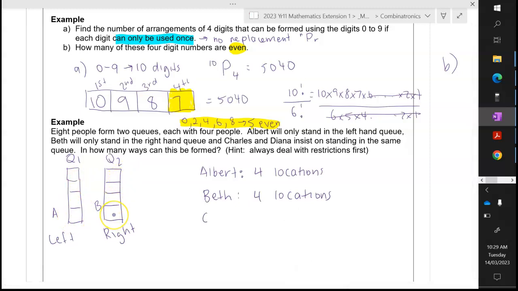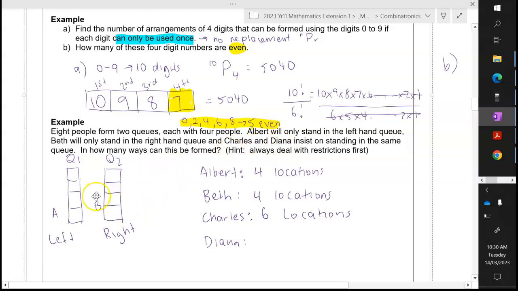So Charles isn't fussed on which queue he stands in, but if he stands here, he's got 3 choices. If he stands here, there's 3. So there's 6 locations that Charles can stand. So his one's okay. Diana's the one we really have to think about. So Diana and Charles want to stand together. They want to have a chat in the queue together.